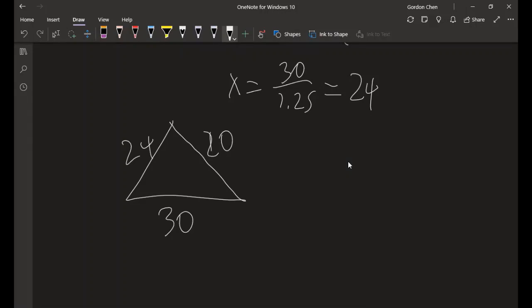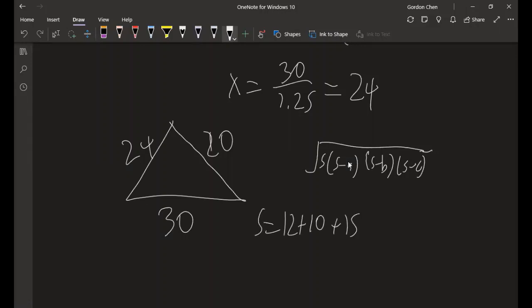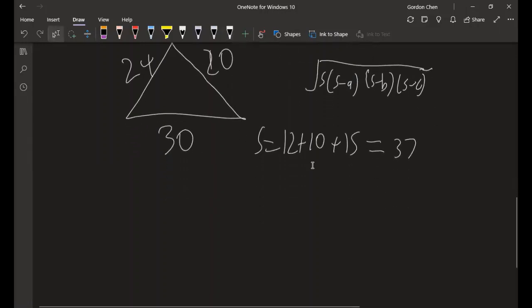So by Heron's, the area is the square root of s times (s minus a) times (s minus b) times (s minus c). S is 12 plus 10 plus 15, which is 37.